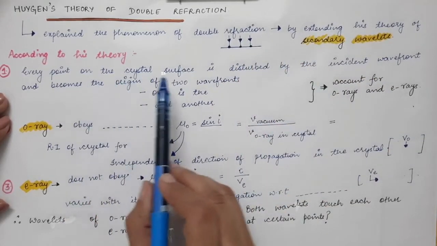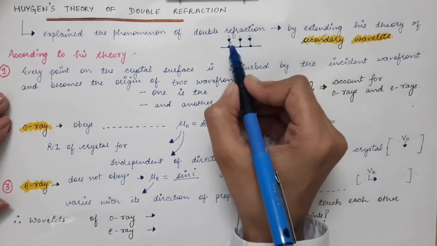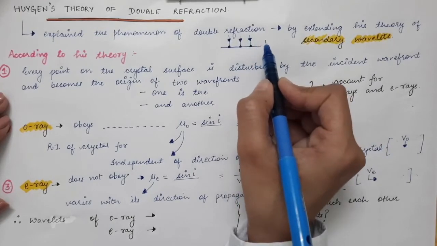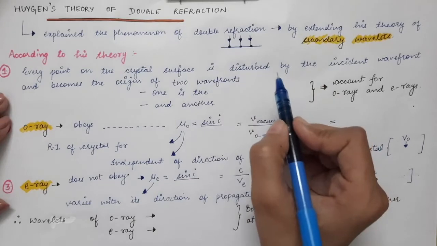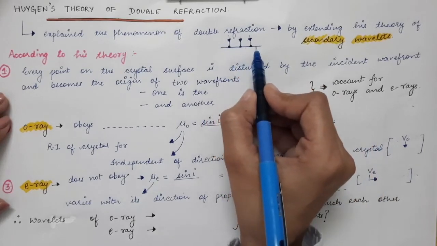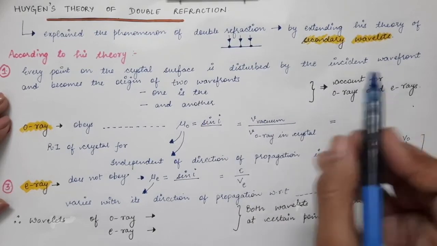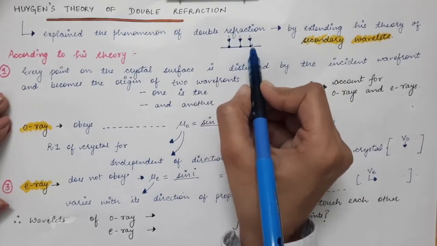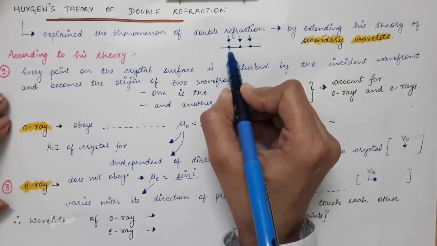Every point on the crystal surface is disturbed by the incident wavefront. Here we have the incident light, so it will have its own incident wavefront. When the incident wavefront falls on the crystal, every point on the crystal surface is disturbed by it.